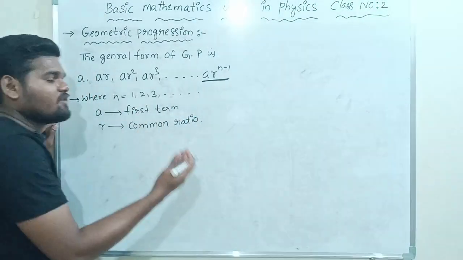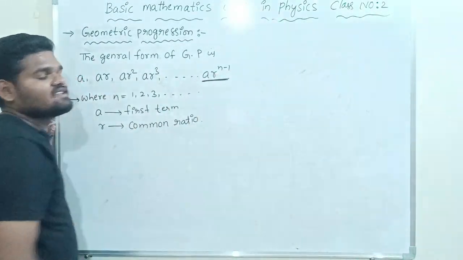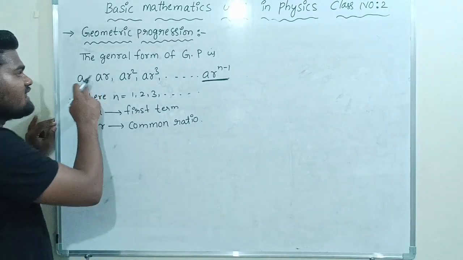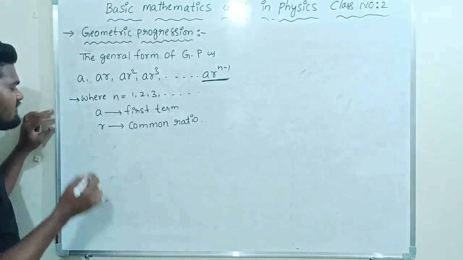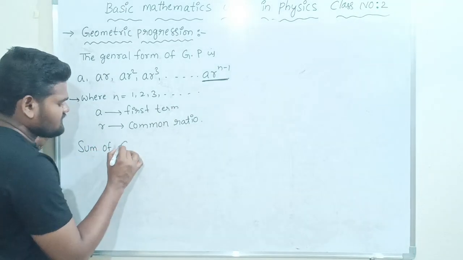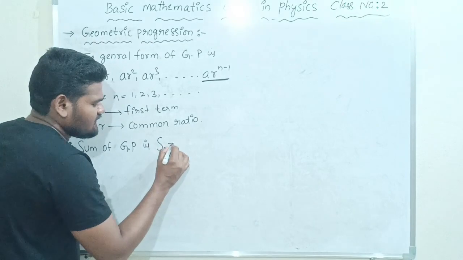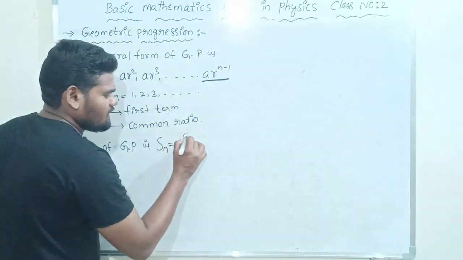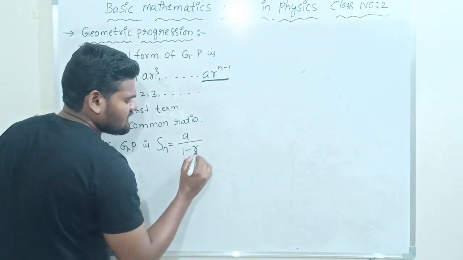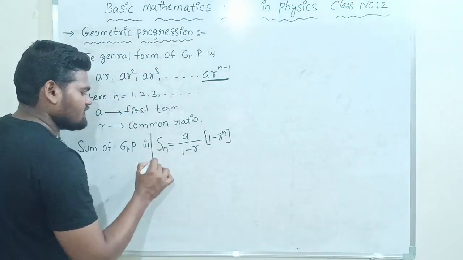Okay, so now we have to find the sum of these numbers, the sum of this series. The sum of geometric progression is Sn is equal to a by 1 minus r into 1 minus r to the power of n.